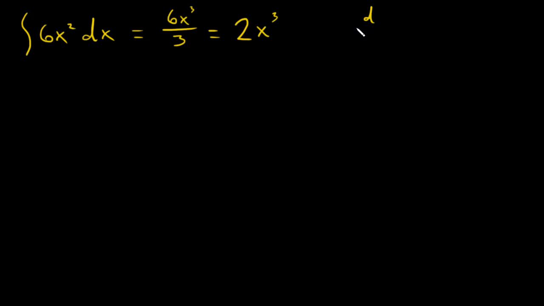If I differentiate 2x cubed, do I get what I started with? Yep, because that would be 6x squared, which is exactly what I started with. So I know I did it right. This is the correct antiderivative or integral, and I always want to remember to do the plus c, because there might have been a constant in there.